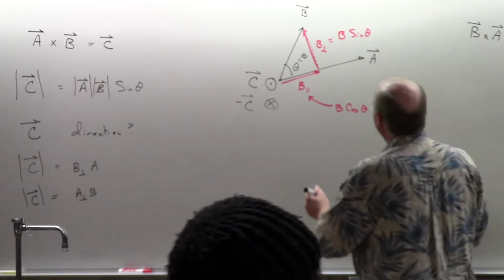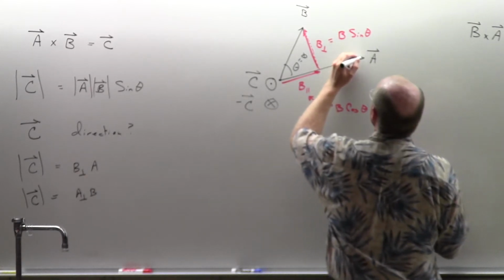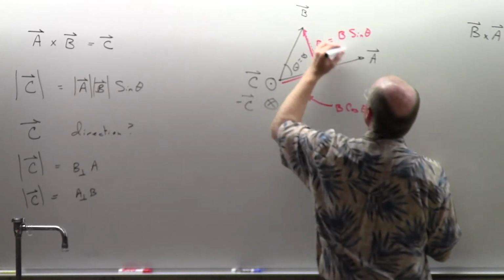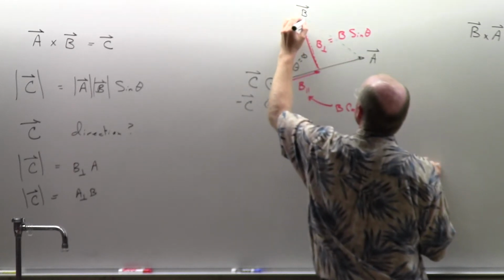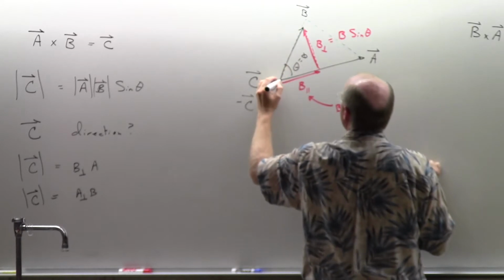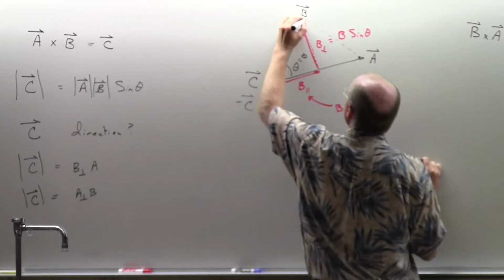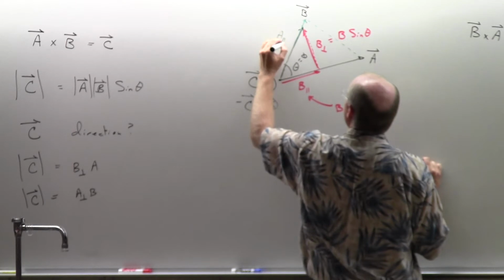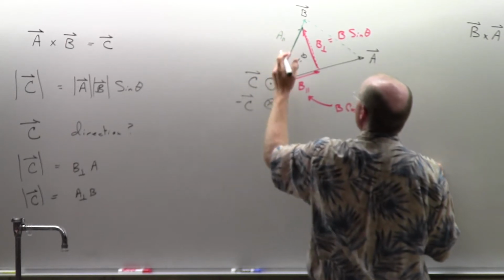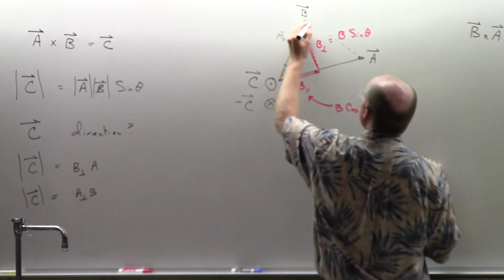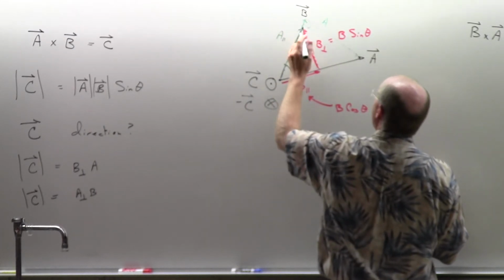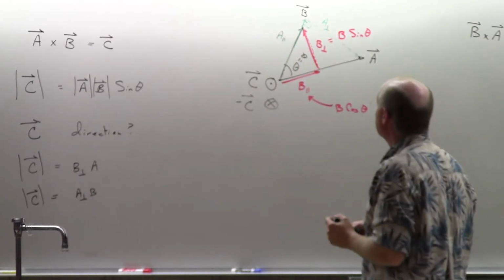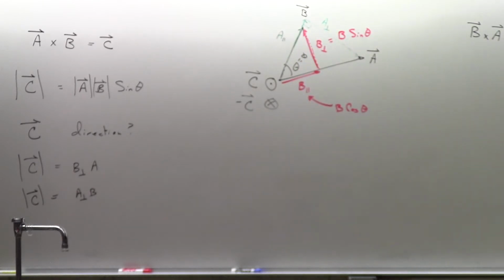And so if I did that, I might take this vector A, maybe something like this, and say you could think of vector A as being made up of a piece of how much of A is in the same direction of B plus how much of A is perpendicular to B. And so it's really the same thing but looking at the other vector.